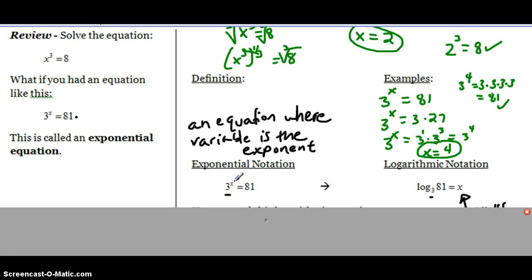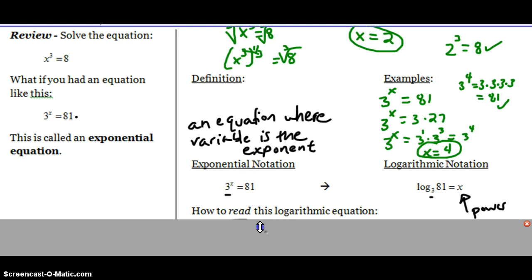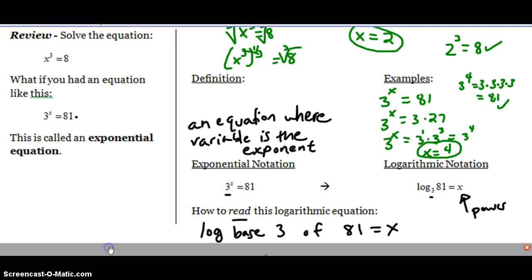So that's where you're going to start when you're converting between the two. The other thing to realize is this is always your power of your exponential. And the way you read this equation is log base 3 of 81, whatever's here, is equal to x. And again, that's the power from this equation.